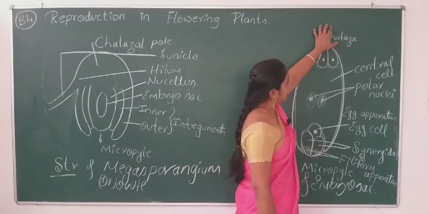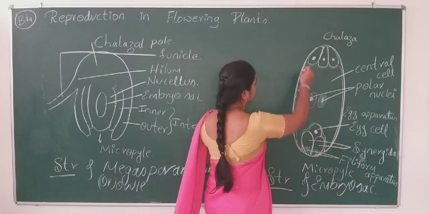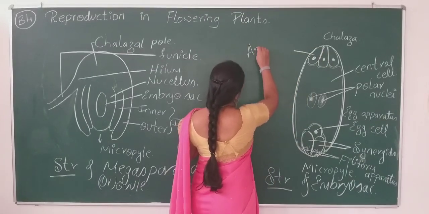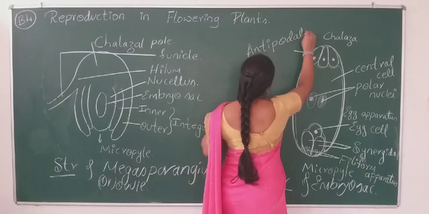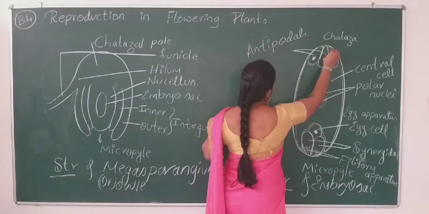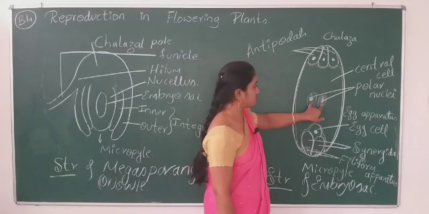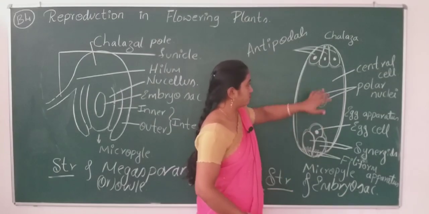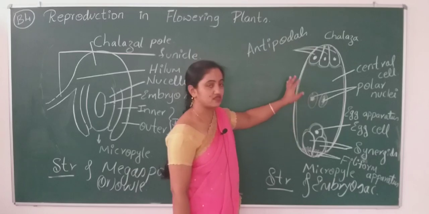At the chalazal part you have to label these three cells as antipodals, and following the antipodals there are two nuclei, the polar nuclei, which float in the central cell. They do not have any cell wall.